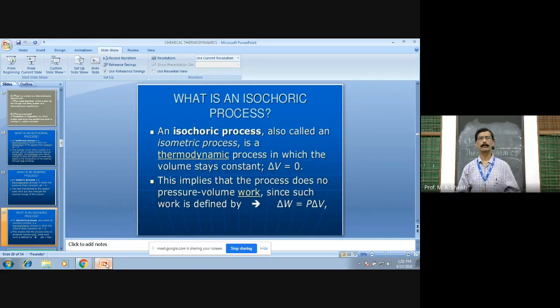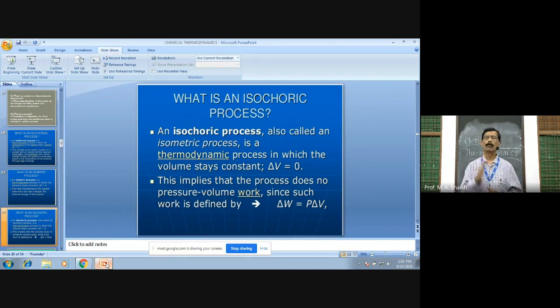On the next slide, at the top there is one double equation. What is an isochoric process? What should be your answer? A process in which volume of the system remains constant throughout the change. V is the symbol for volume. Volume of the system does not change.